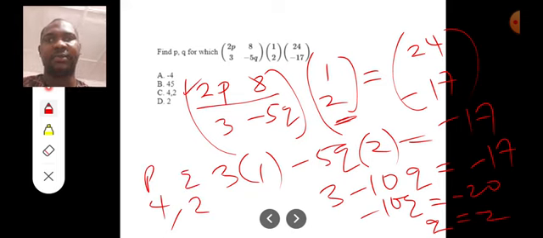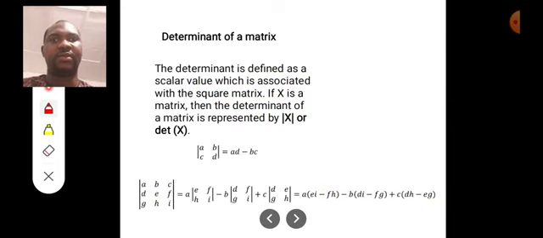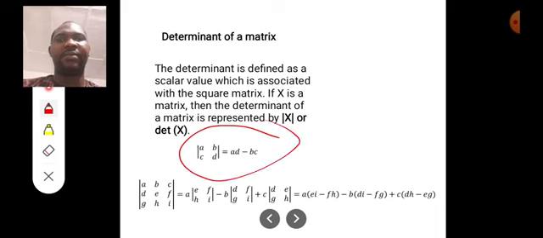Beautiful. Okay, so here we look at determinant of a matrix. The determinant is defined as a scalar value which is associated with a square matrix. If X is a matrix, then the determinant of a matrix is represented by |X|, or determinant of X. For a 2 by 2 matrix with A, B, C, D, the determinant is A times D diagonal minus B times C in the other diagonal.